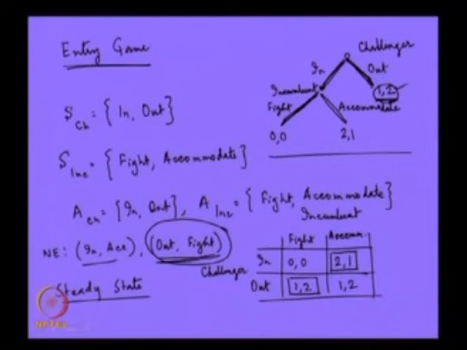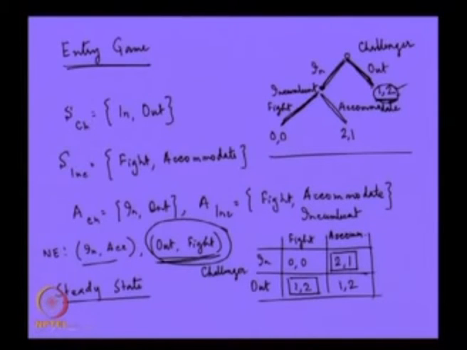Now, in Nash equilibrium, the concept was that you observe the action of the other players and then you form a belief that this is the action that he is going to take. But if the game is terminating here, how can the challenger know that the incumbent is going to fight, right?